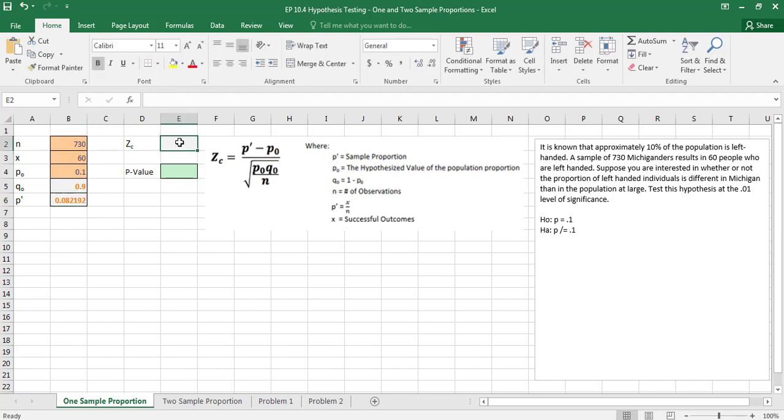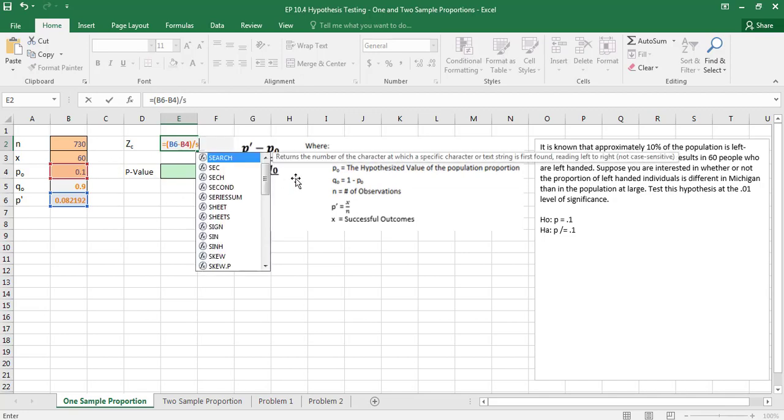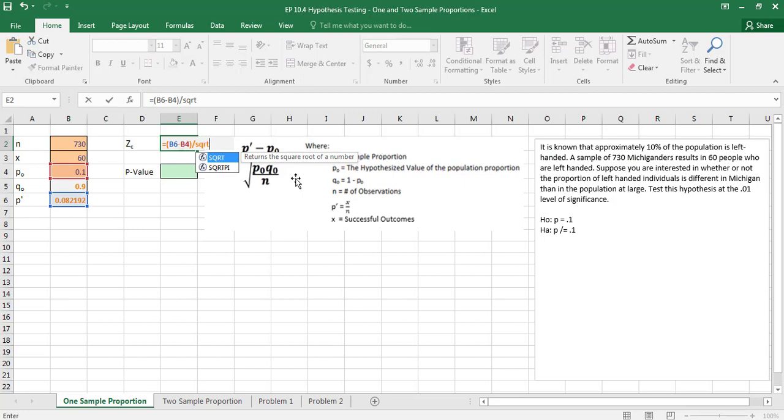And then finally the z-score is equal to, now we're going to need to do parentheses for the top part of the formula here, and that's p prime minus p sub 0, close parentheses, divide by, now we have a square root on the whole denominator here, so we'll start that with sqrt for the square root formula, open parentheses, and then it is p sub 0 times q sub 0, and then divide by n.